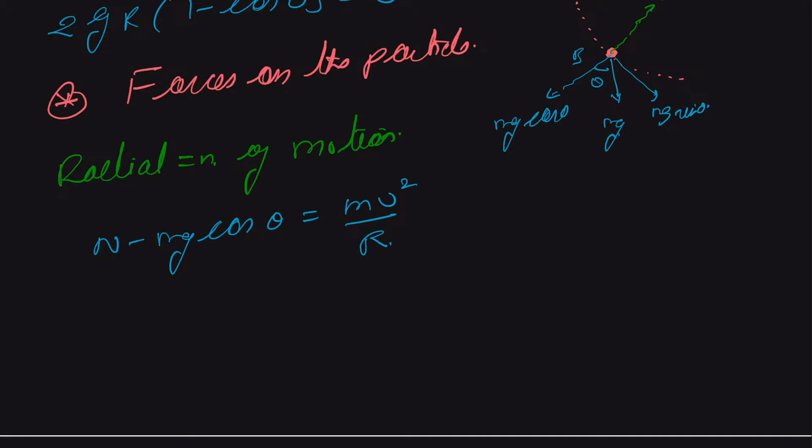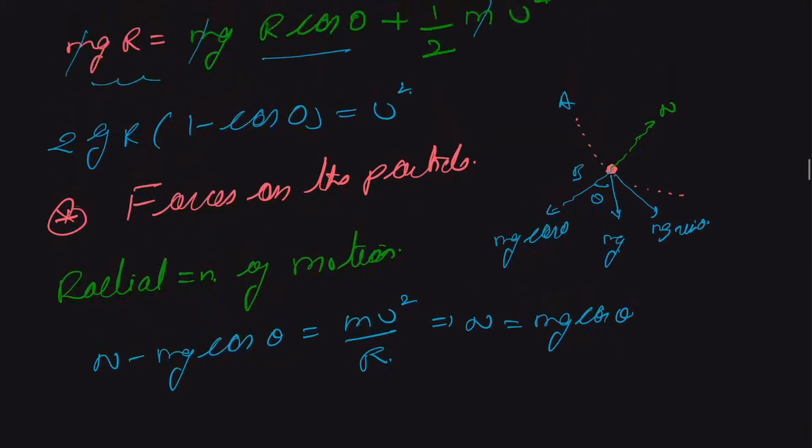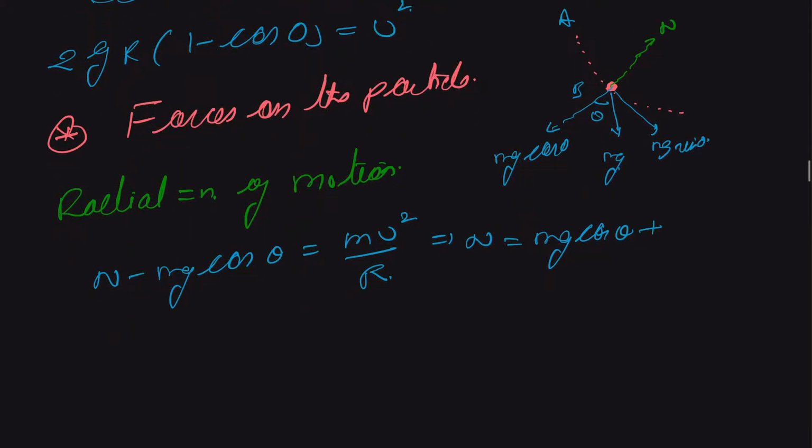From here we can calculate our N and substitute the value of v square, which is 2gr(1 minus cos theta). So N is equal to mg cos theta plus 2gr(1 minus cos theta) divided by r, and this is also multiplied by m.